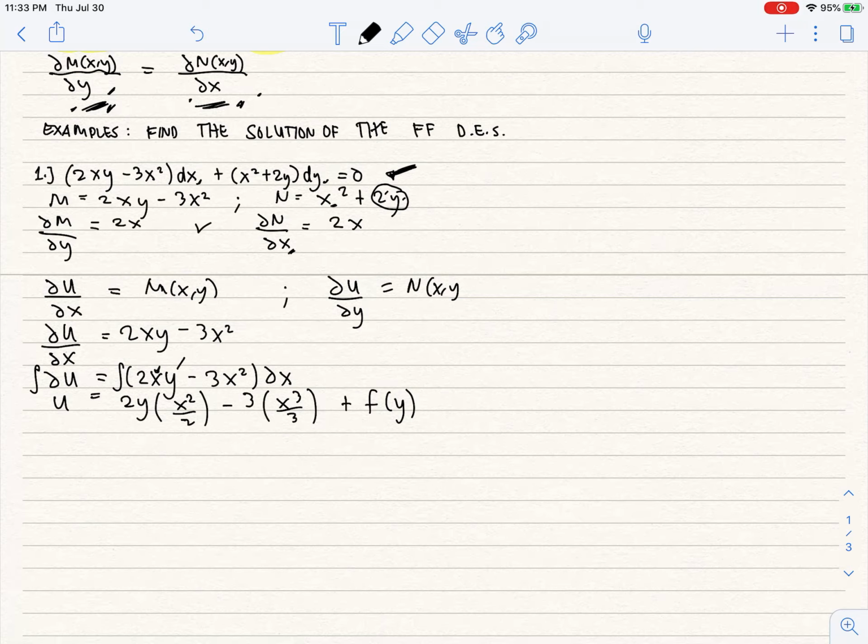So therefore, pag ato ang gi-appeal ang y as a constant, pasabot ana ang constant of integration naka-consist siya og some values of y, di ba?